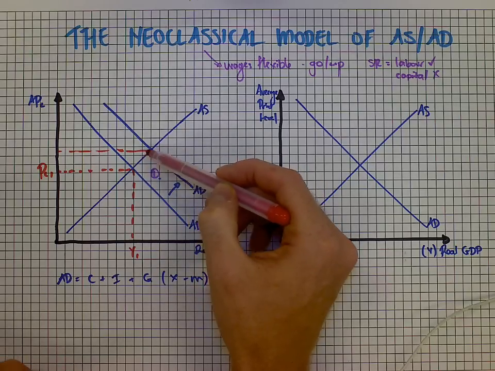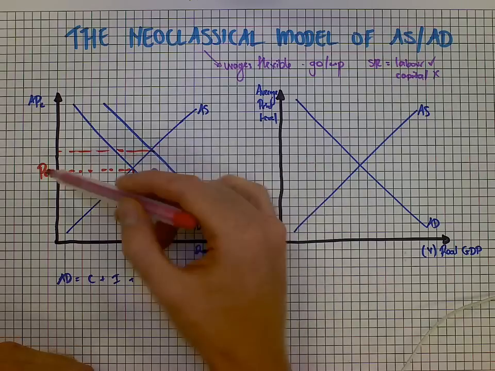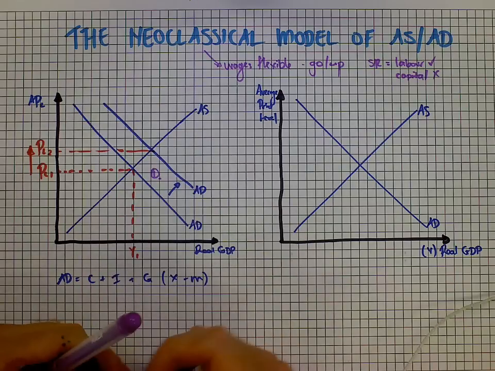They do have to pay slightly more to expand their business. They do need to pay slightly more to attract workers. Maybe the cost of raw materials starts increasing. And so that's a reflection of this price level going up on the side axis, and we call that inflation.